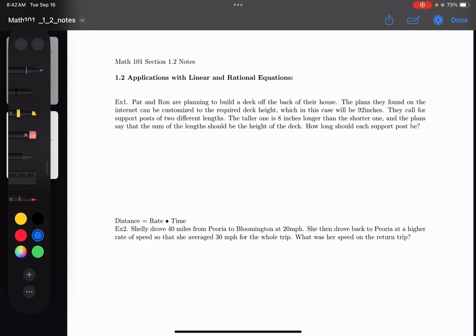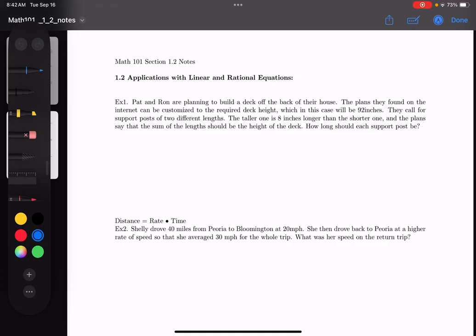So this is actually kind of a system of equations, which is something that we will do a bit later, but we'll get into it deeper later. Right now, it's just kind of surface level. So we want to make two equations based on the information that it gives us.